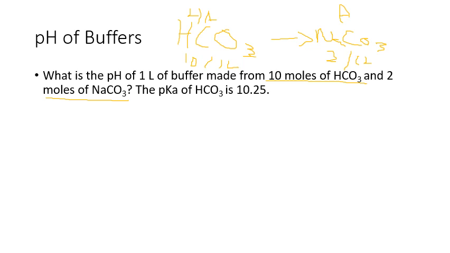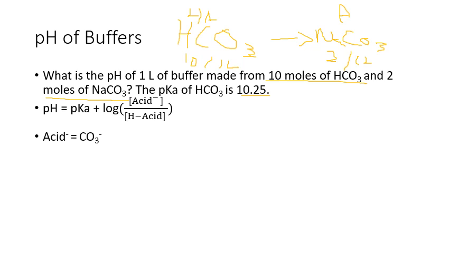And then we can figure out, using the pKa, they gave us the pKa is 10.25. So we can plug that all into that equation. The pH of a buffer is the pKa, 10.25, plus the log of the concentration of the A minus, 2/1, divided by the concentration of the HA acid, in this case 10/1. So we can put all those in.